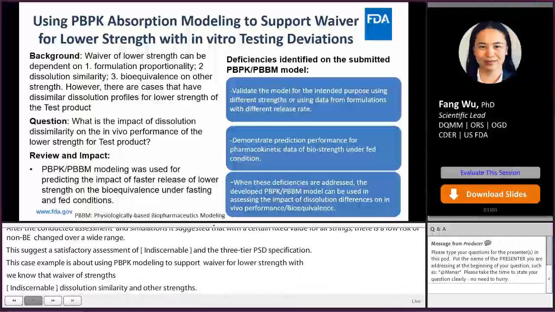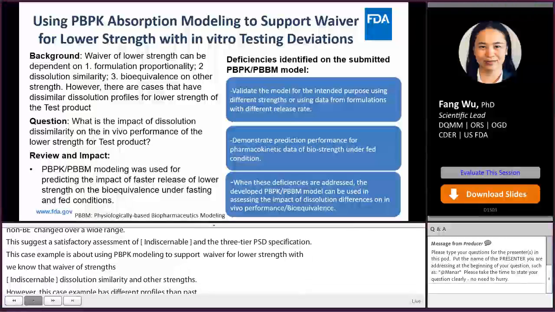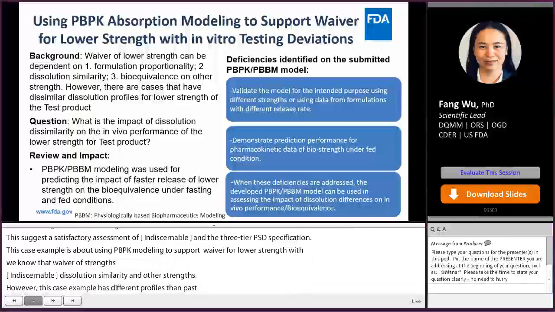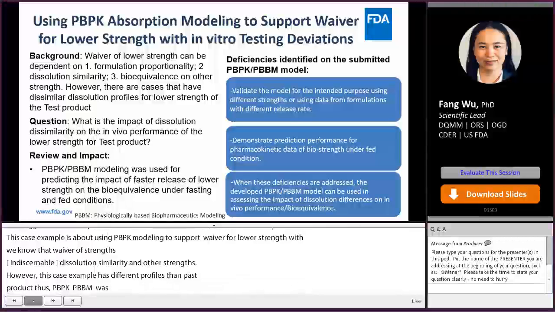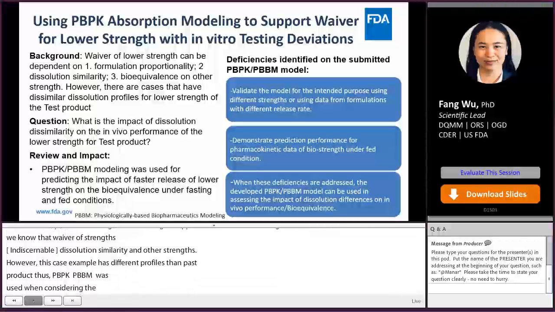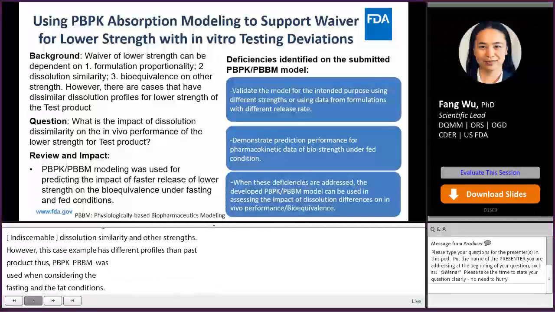Thus, PBPK-PBPM modeling was used for predicting the impact of faster release of lower strength on the bioequivalence under fasting and fed conditions. After review, we identified some deficiencies with the submitted model, especially on the validations. When these deficiencies are addressed, the developed PBPK-PBPM model can be used in assessing the impact of dissolution differences on in vivo performance and bioequivalence.